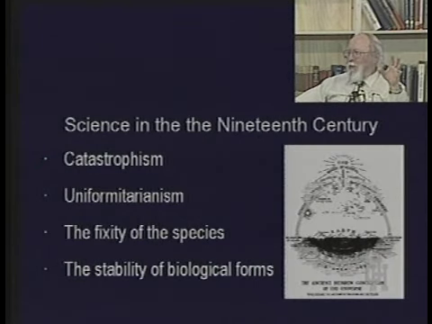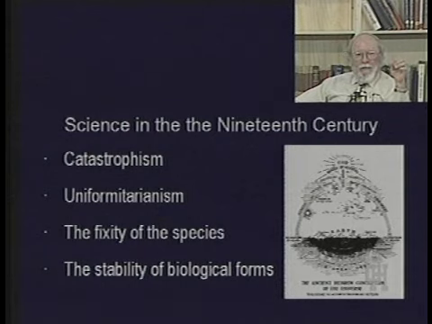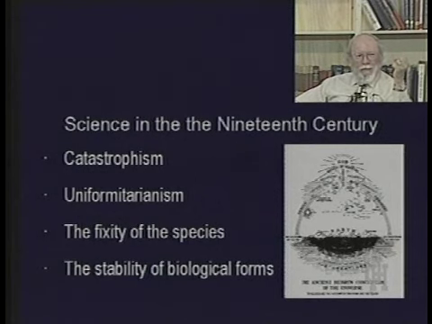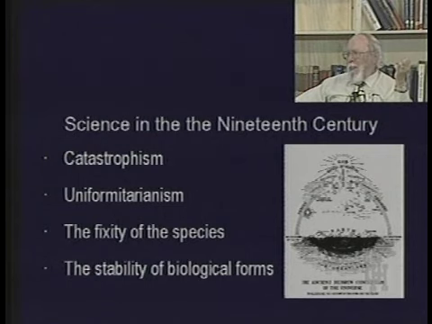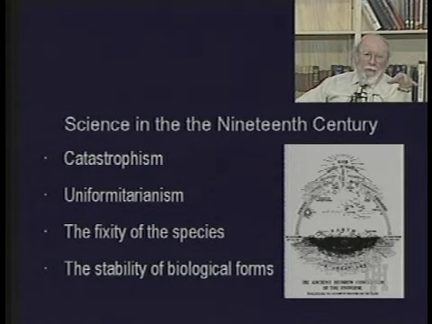Science in the 19th century included several different perspectives that Darwin challenged. One was catastrophism, which is basically the idea that all of the geological strata and formations in the world were the result of catastrophes, and the major catastrophe was the flood of Noah. And the scientific theory that challenged this, of course, was uniformitarianism.